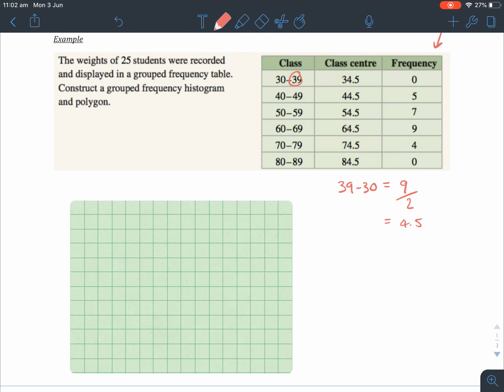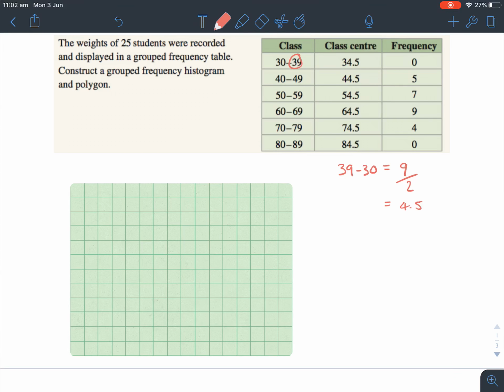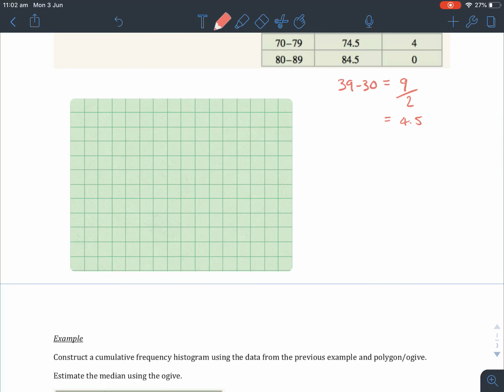So construct a grouped frequency histogram. Let's do that first, and then we'll add the polygon. Alright, so using our graph paper, we need to put the scores or the class along the horizontal axis. Now with a histogram, you've got to start half a column width in.